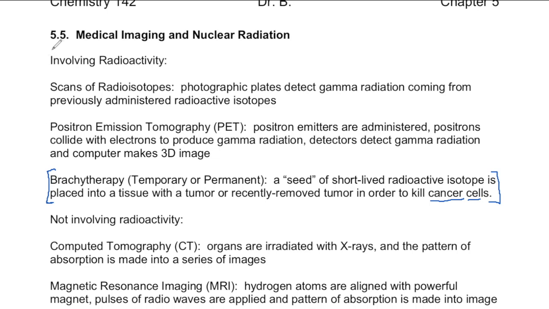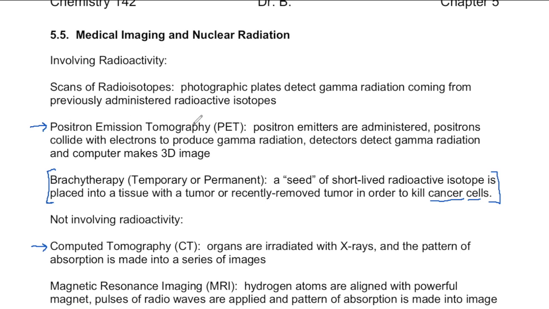Other things in the medical field that involve radioactivity are some types of imaging, some types of scans. One of these types of medical imaging is called positron emission tomography, or PET scans. Also CT scans, computed tomography, use radiation.